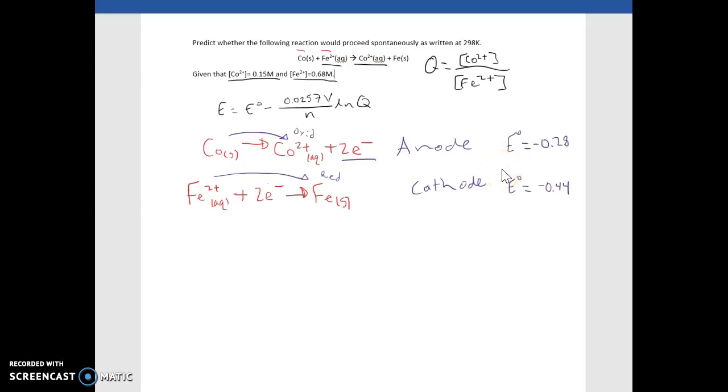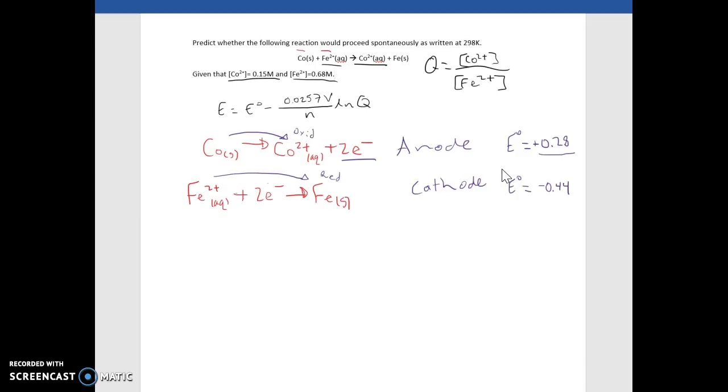And then in the book, it tells us that for cobalt, when it's getting reduced, the standard reduction potential at 25 degrees Celsius is negative 0.28, but here we've reversed the reaction and it's getting oxidized, so it's going to be positive 0.28.